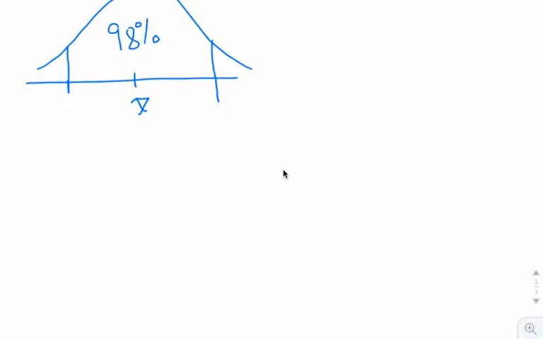Well, we know what these should be. We looked before, we saw for C equals 98%, we should have Z sub 0.98 was negative 2.33, and over here 2.33, positive.